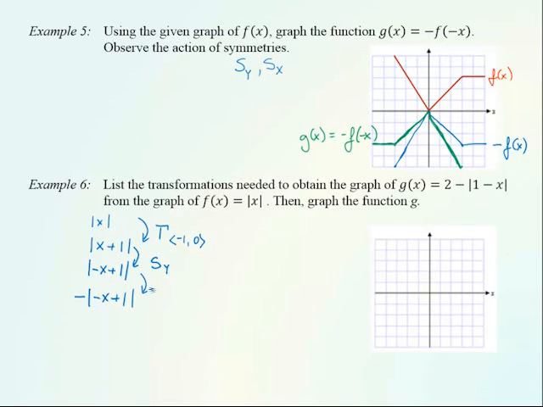This can be done by symmetry in the x-axis. And finally, we need to add the 2. So 2 minus the absolute value of negative x plus 1. In order to obtain this final stage g of x, we need to apply translation by the vector (0, 2). We're adding 2 to the previous function.